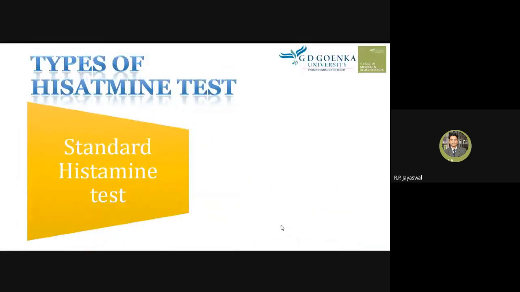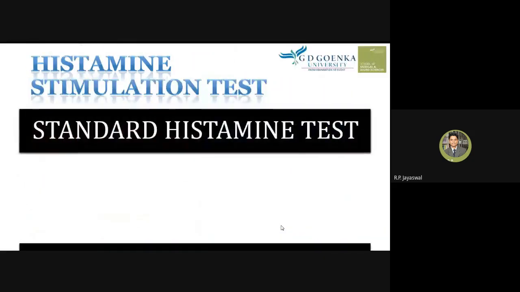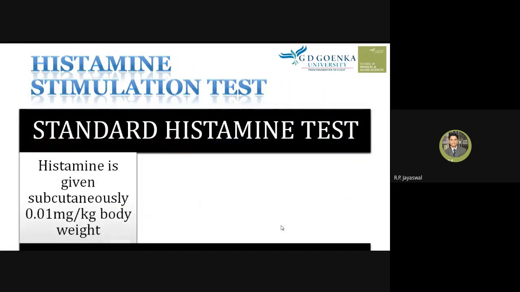Types of histamine test. One is the standard histamine test. The second one is the augmented histamine test, also known as the Kay test. What is the standard histamine test? Here histamine is given subcutaneously in the dose of 0.01 mg per kg body weight.